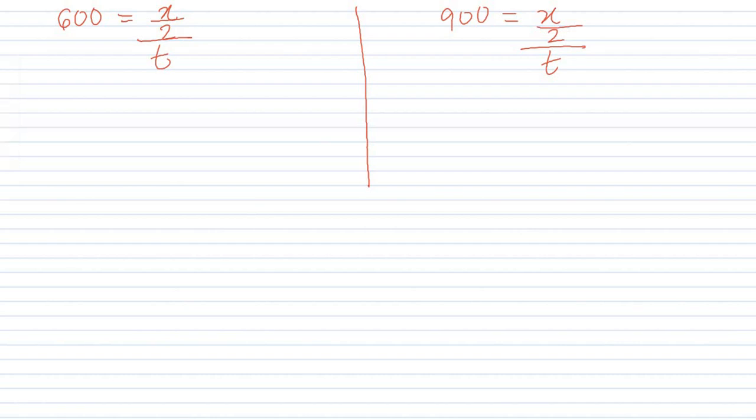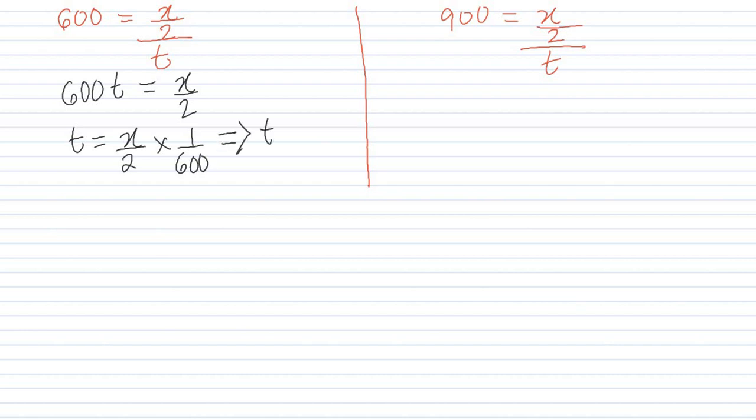We end up with 600t equals x over 2. Hence, we can isolate t further by saying t equals x over 2 multiplied by 1 over 600, which is the same thing as t equals x over 1200.